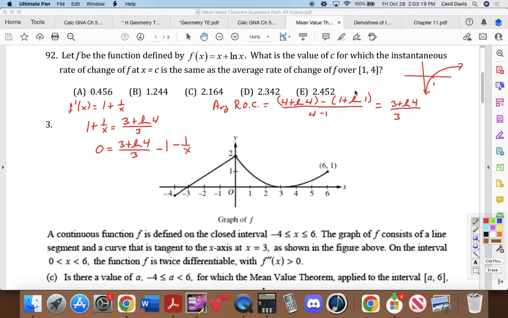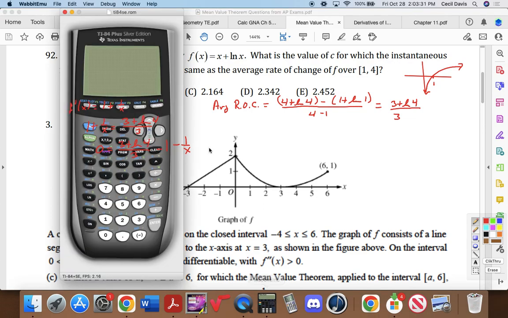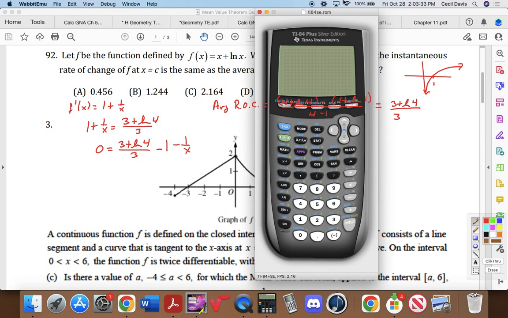You could have left it in this original form, but that's just more to type in, more places where you could go wrong. I do simplify when simplifying is easy. When it's not, I don't bother.